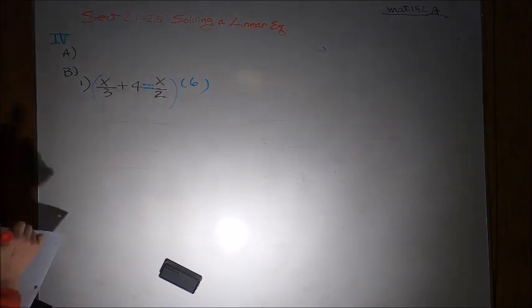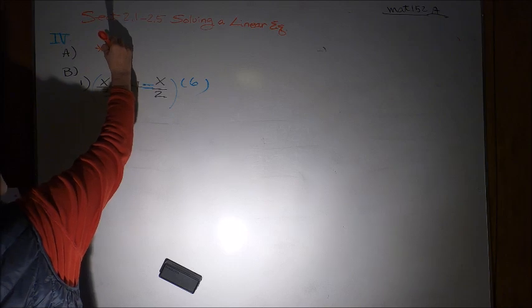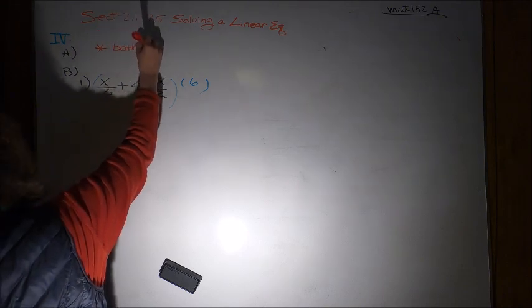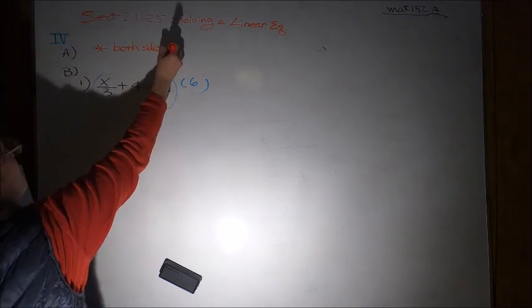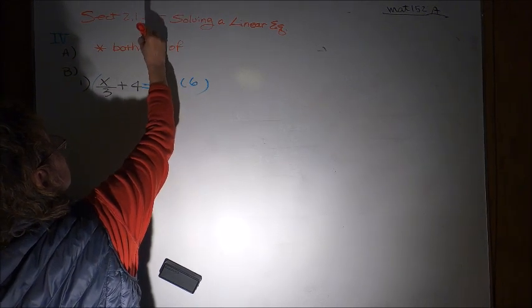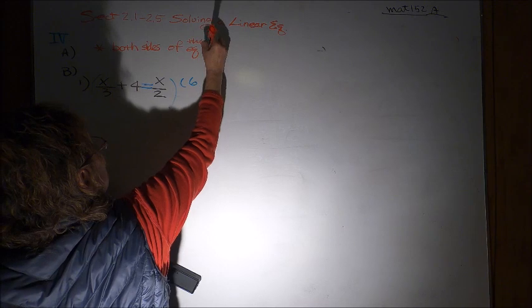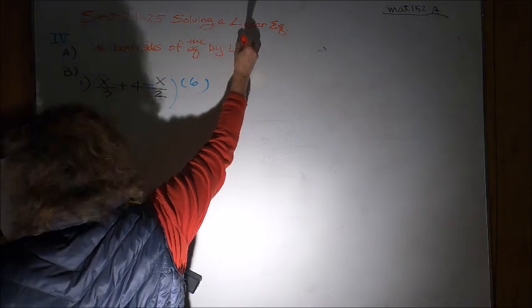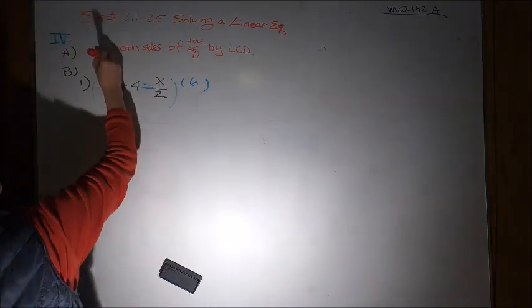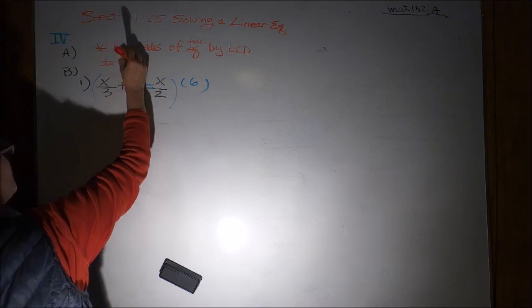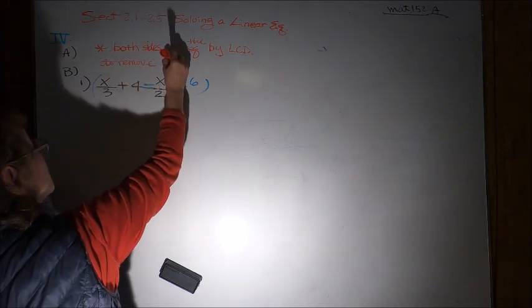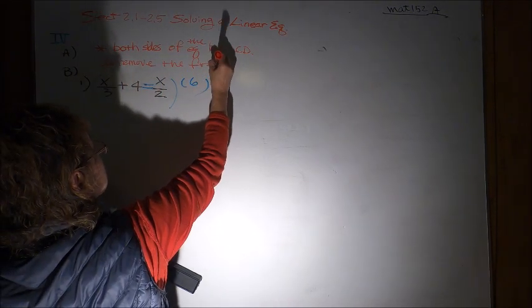What do we do? We will multiply both sides of the equation by what? The LCD. This way, we can remove the fractions.